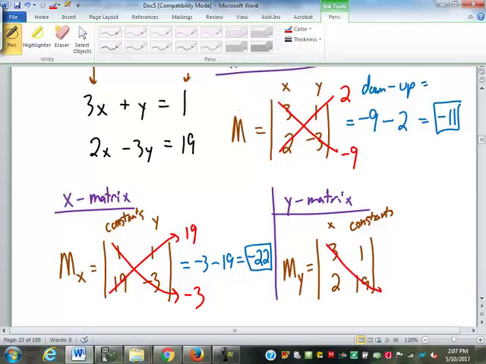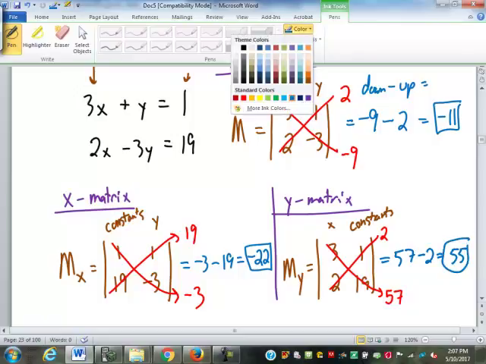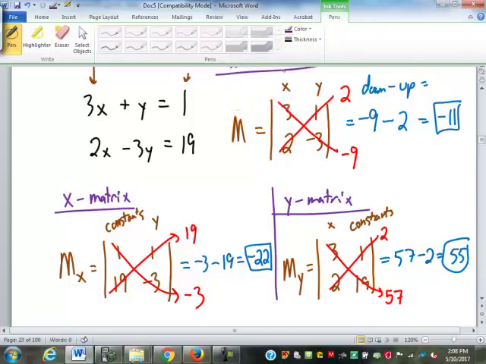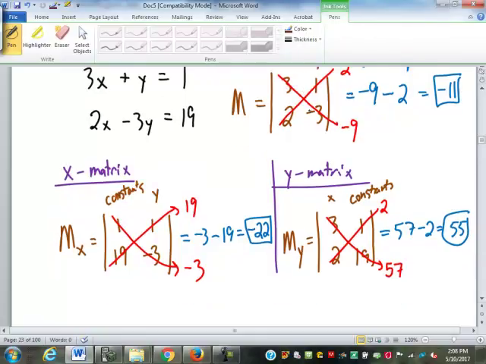So now 3 times 19 gives us 57, good. And 2 times 1? 2. So again, it's the down, it's 57, minus the up, which is 2. 57 minus 2 is 55.